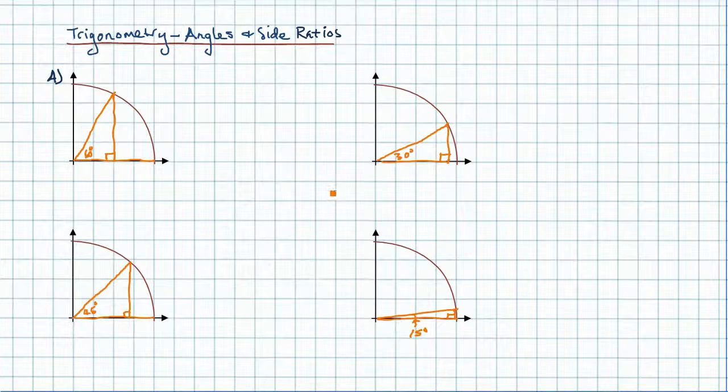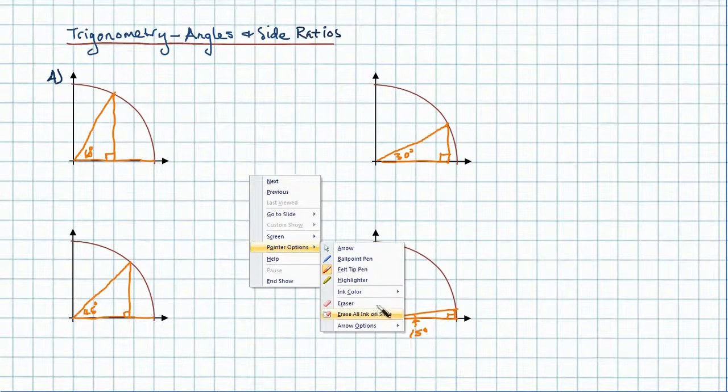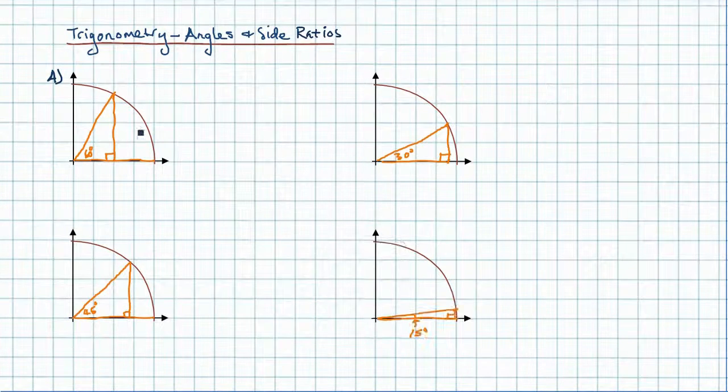Now, what I'm going to do is show you what these ratios are, and I'm going to use Pythagoras to do that. Let's write first of all what we've got here. So we've got a 60-degree triangle, but let's say, well, what do we know about a 60-degree right-angled triangle?